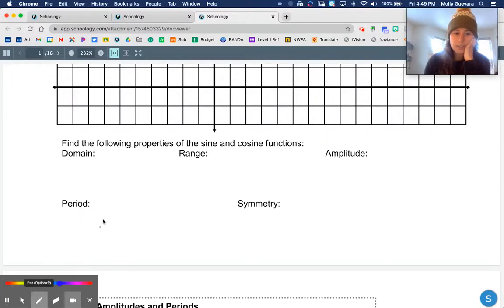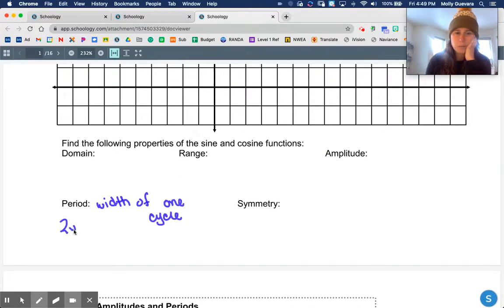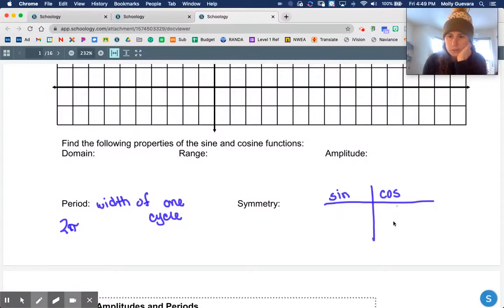I'll rewrite it. So the width of one cycle. So the period here is 2 pi. And then the last one is symmetry. And these have different symmetries depending on which graph you're looking at. So sine has rotational symmetry.